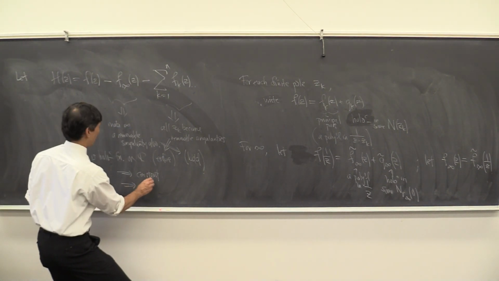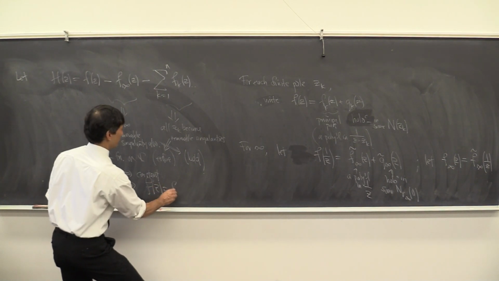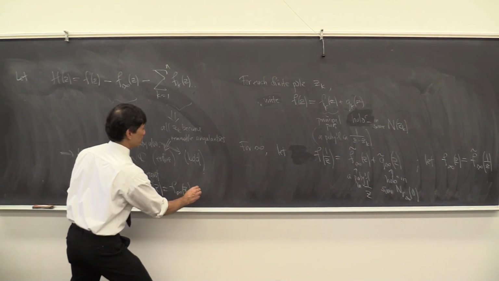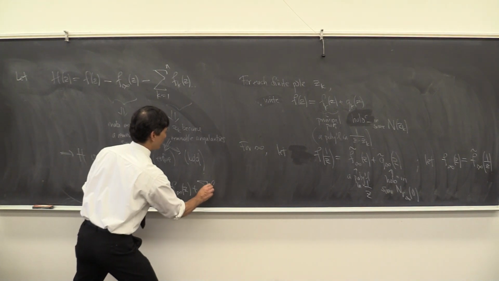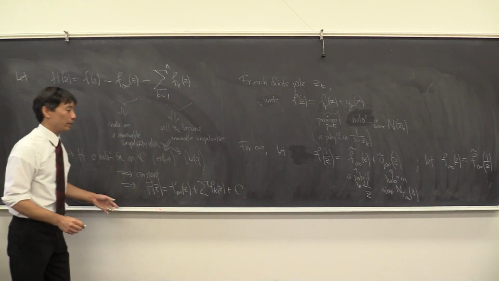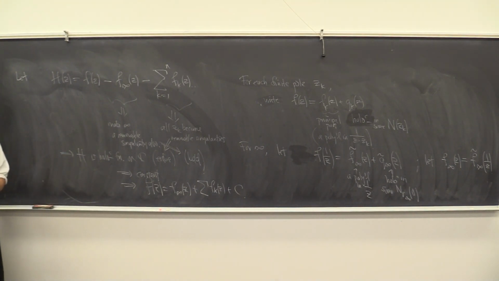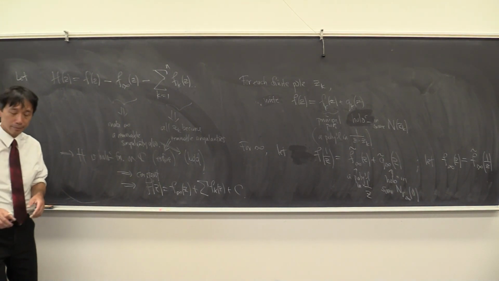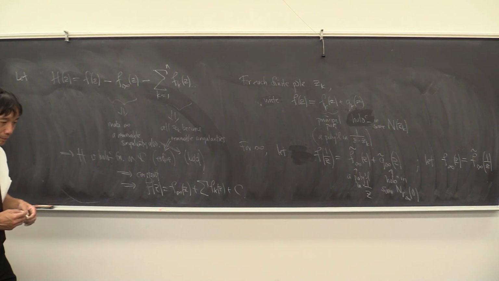So f must be this thing plus these guys plus some constant. And so all functions that are meromorphic in the extended complex plane are completely characterized by their poles.